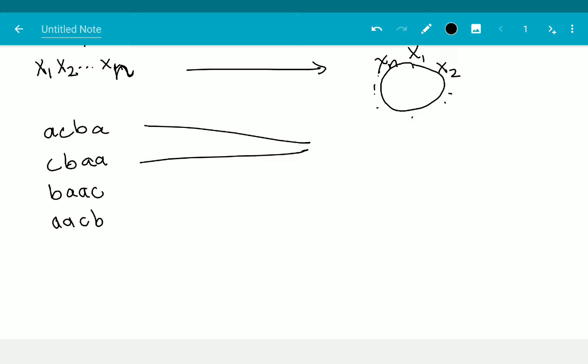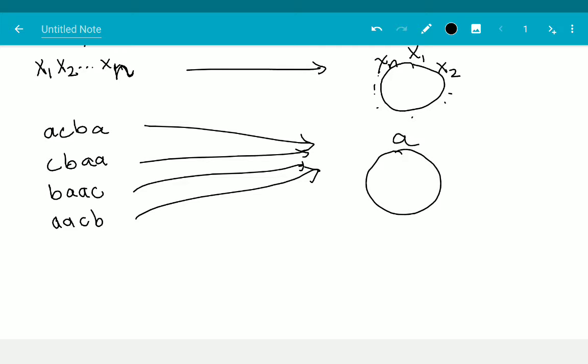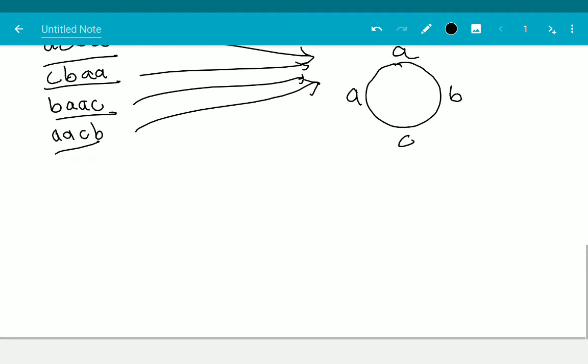Right? All 4 of these actually map to this one permutation ABCA, because whatever you get from these on this side is just going to be a rotation of ABCA, which in terms of circular permutation does not matter.